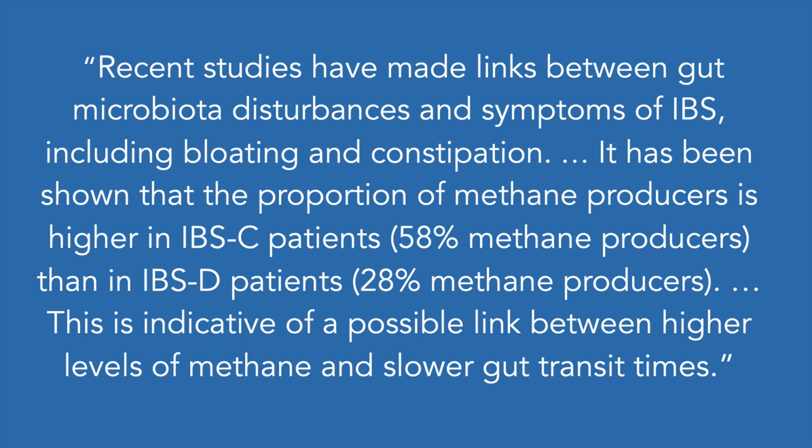This is indicative of a possible link between higher levels of methane and slower gut transit times. Just a side note that many other studies have also shown this link, so it appears to be a pretty significant association that when methanogens are higher and levels of methane are particularly higher, that can contribute to slowed motility, potentially in the small intestine as well as in the colon.